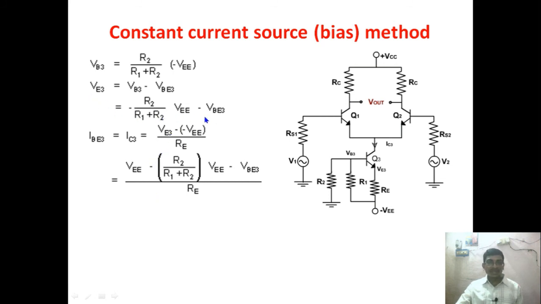Now just substituting those values, minus of minus becomes plus VEE, so IC3 is equal to minus R2 by R1 plus R2 into VEE, minus VBE3, divided by the RE resistance value.